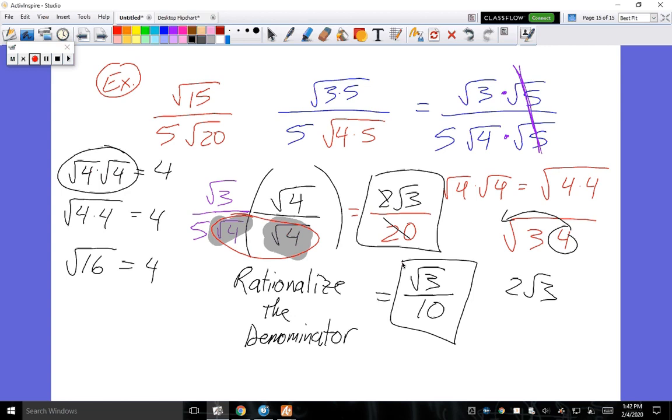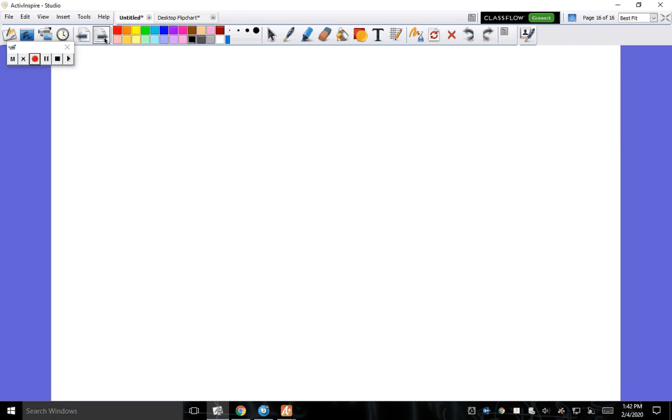Let me show one more. Root 2 over 2 root 3. And if you have to go back, please go back and watch just the end of it. This is another example. We have to rationalize this denominator. So I'm going to multiply by a form of 1. What is it?